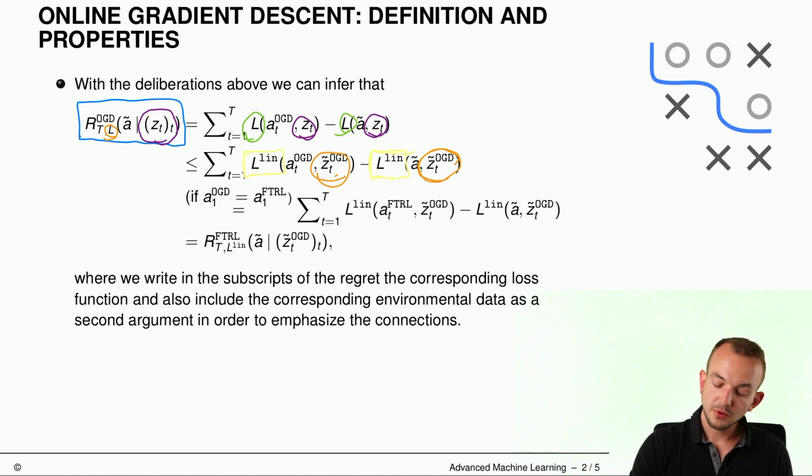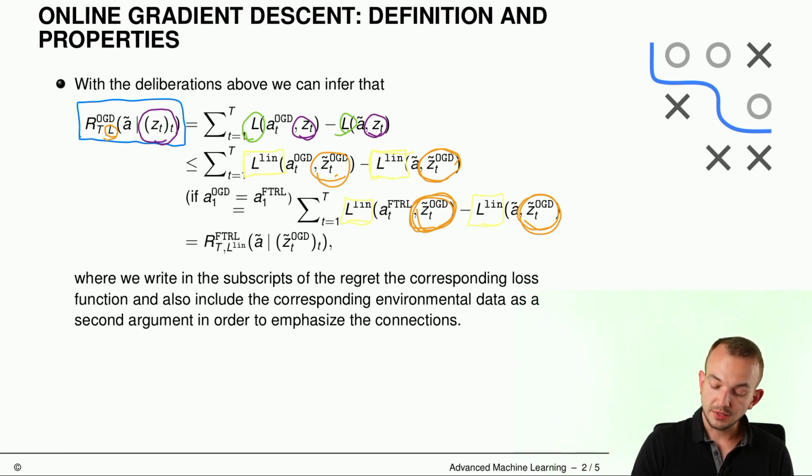And if you look now where we are, we have here the linear loss, or rather the cumulative linear loss incurred by the follow the regularized leader algorithm for this artificial environmental data point, and we compare it with the same competing action A tilde and what its cumulative loss will be for, well, the same artificial environmental data points.